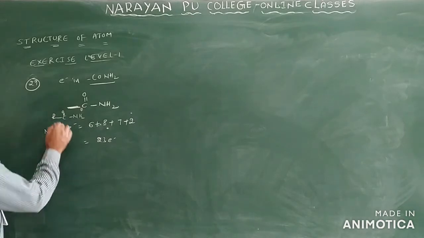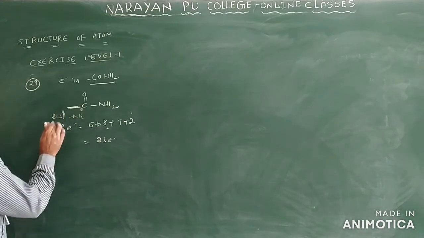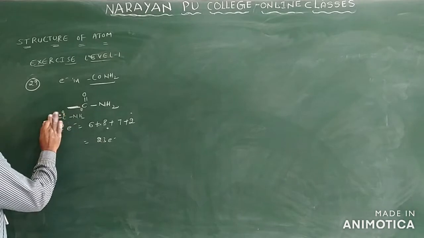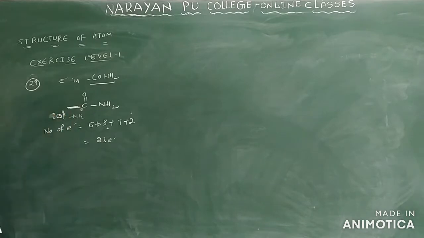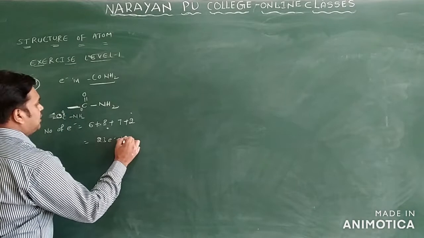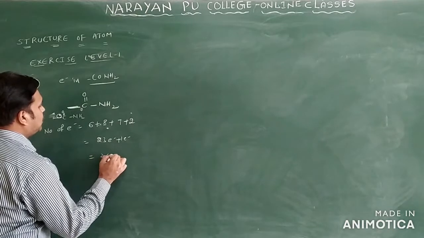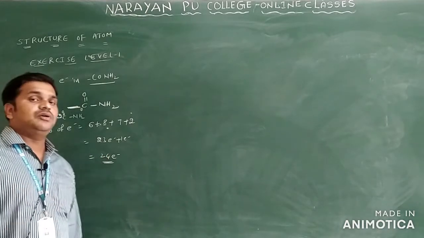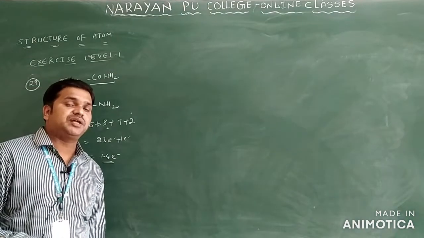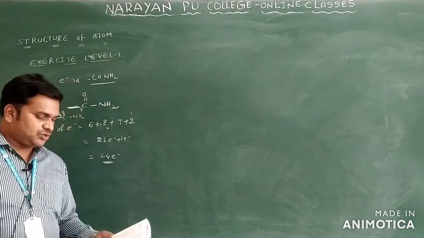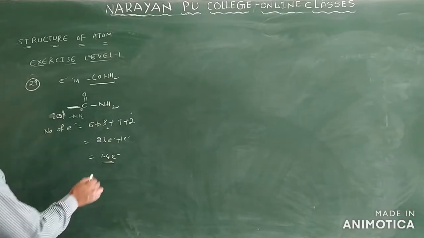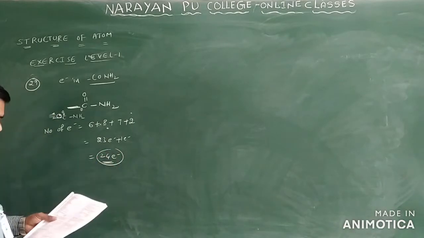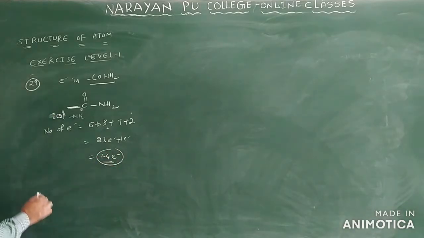So here 1 electron, here 1 electron. So I will write 1 electron extra here. What will you get? 24 electrons. So this is question number 27.